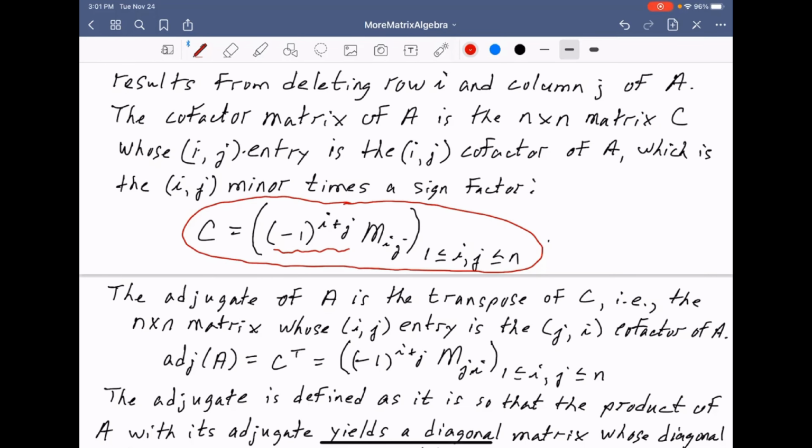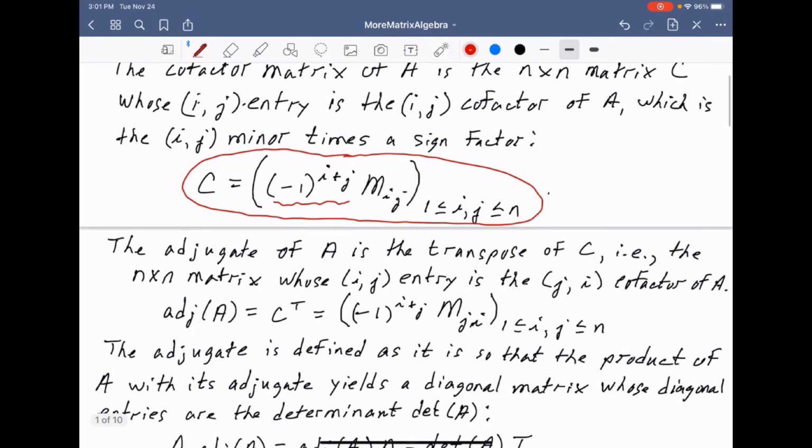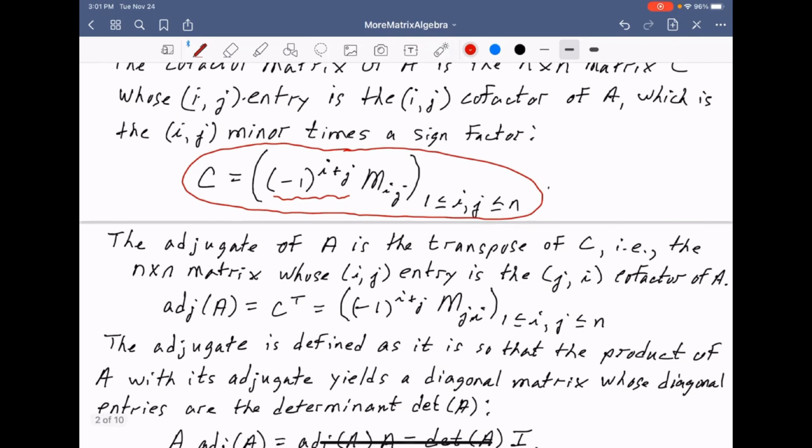The adjugate of A is the transpose of that C matrix, i.e. the n by n matrix whose ijth entry is the ji cofactor of A, and that's written as follows. Notice that we write ji here, whereas up here we had ij, and the reason for that is because it is the transpose.